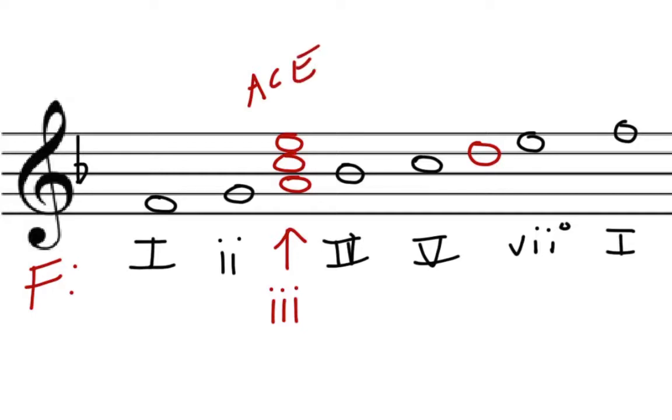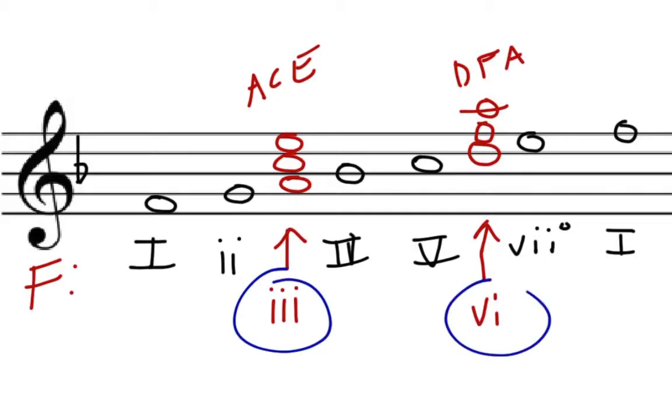And then the submediant triad is also a minor triad, D-F-A in this key. So once we get these two triads in, we've got all 7 scale degrees.